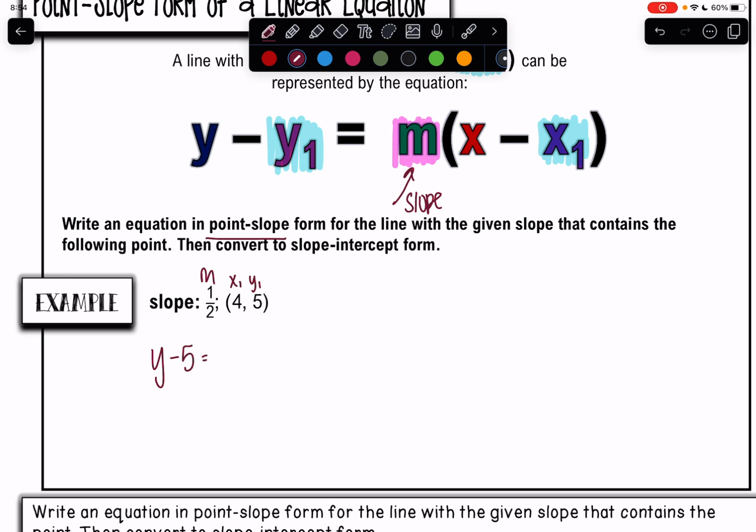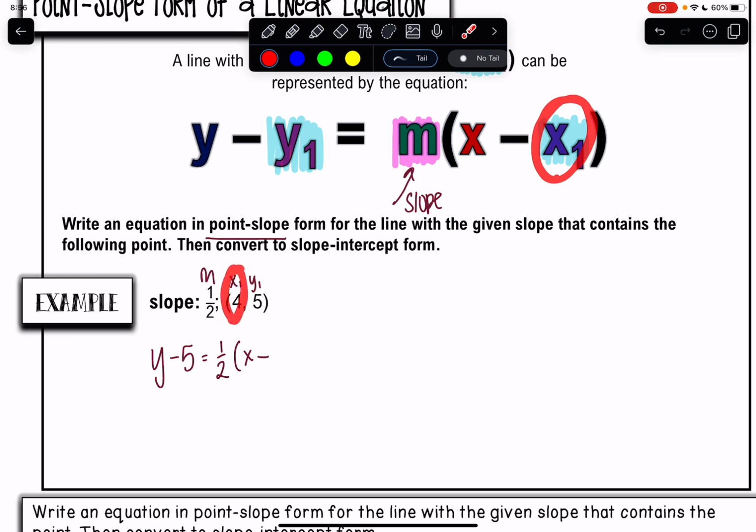So we would write y minus 5 equals, then I would put my m, or my slope. The slope of this line is 1/2. So I put that next. And then parentheses, x minus my x1 is next. My x1 is that first number out of my ordered pair, which is 4. And there would be my answer in point-slope form.